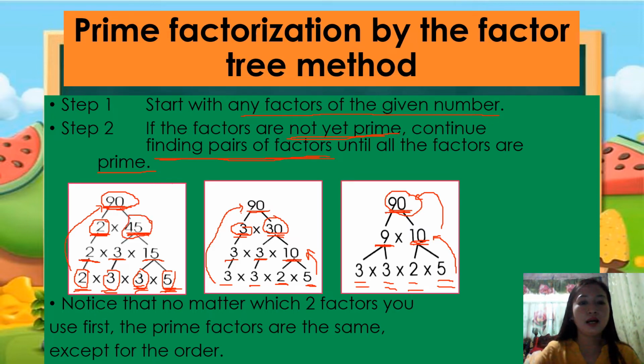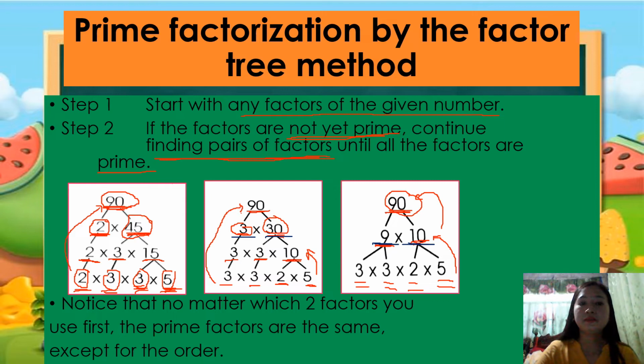And in our next example, we have 3 and 30. As you notice, the first factors that we use are not the same. In our third example, the first factors that we use are 9 and 10.